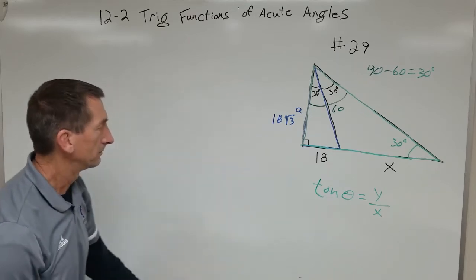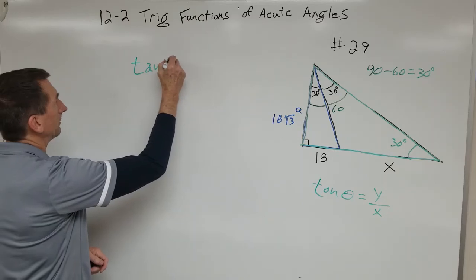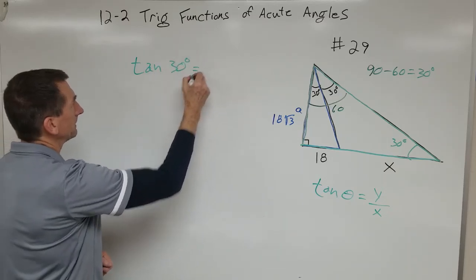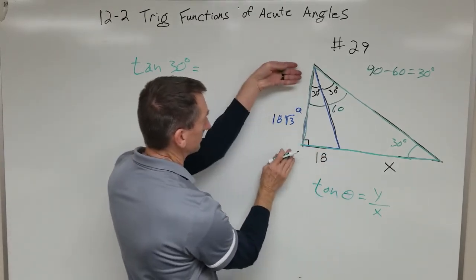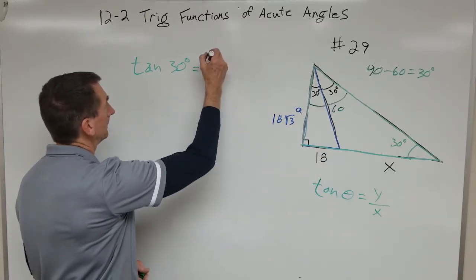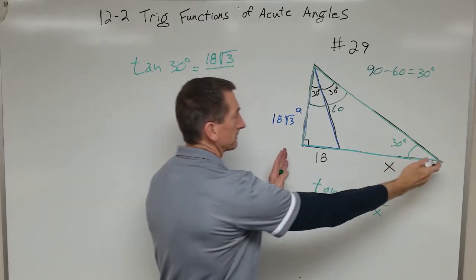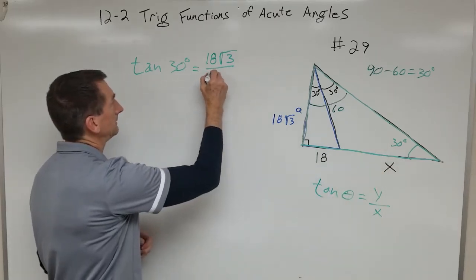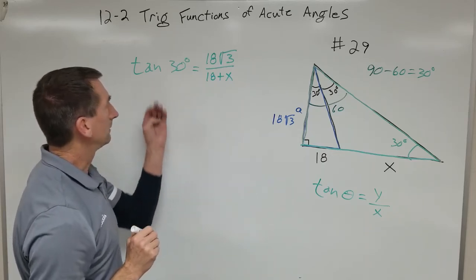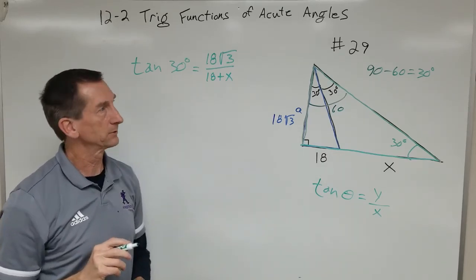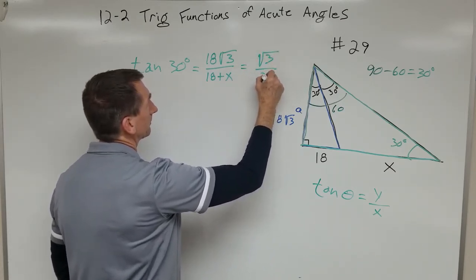So in my case, I've got the tangent of 30 degrees is equal to the y value, which is right here, this value that I've already solved for, 18 root 3, divided by this length right here, which is 18 plus x. Another thing I know is, of course, the tangent of 30 degrees is square root of 3 over 3.